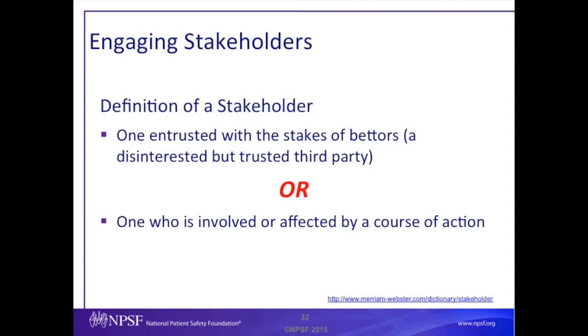They wanted to find someone who was disinterested in the process, who they could trust. That is not the definition we're talking about here. The definition we're talking about is one who is involved or affected by a course of action. When we talk about patient safety and moving forward with strategy and leadership, we're talking about engaging those people who are affected by the processes that we're involved with in patient safety.